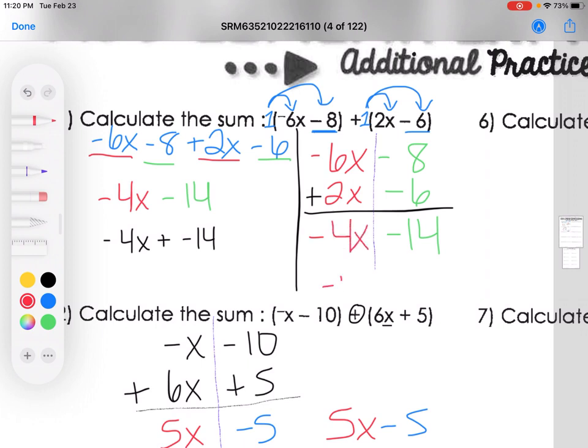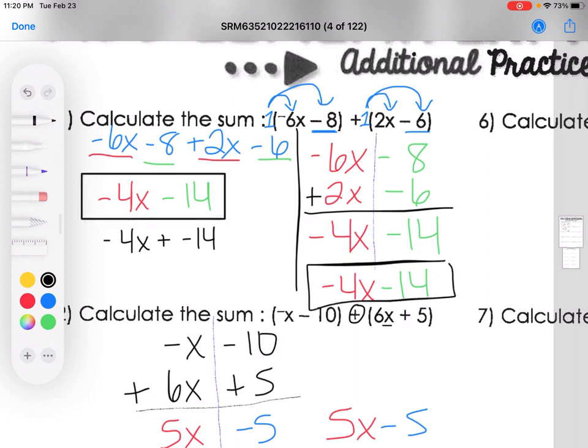So if you notice, I have negative 4x minus 14 as my answer, which is the same answer. So both methods are correct and will get you to the correct answer as long as you solve them correctly.